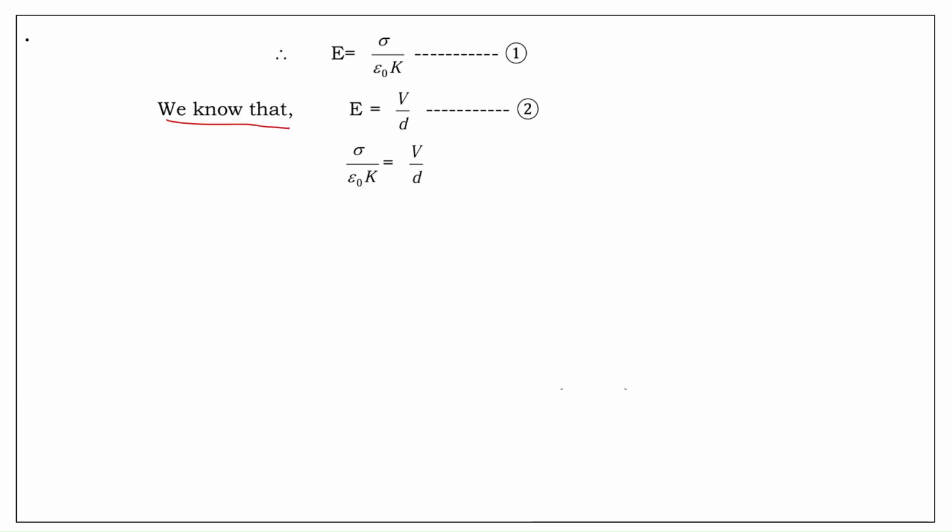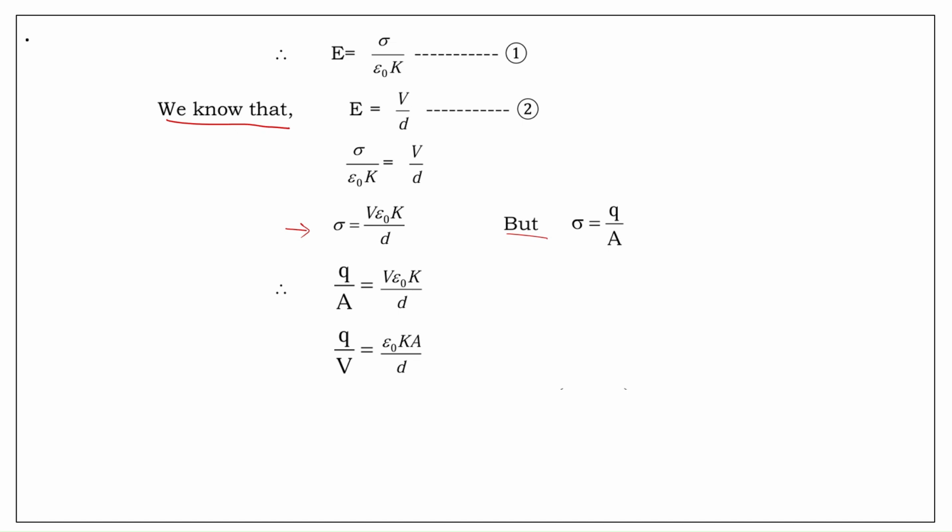We know that E is equal to V by d. Equation 2. From 1 and 2, sigma by epsilon naught K is equal to V by d. On equating to sigma we get sigma is equal to V epsilon naught K by d.